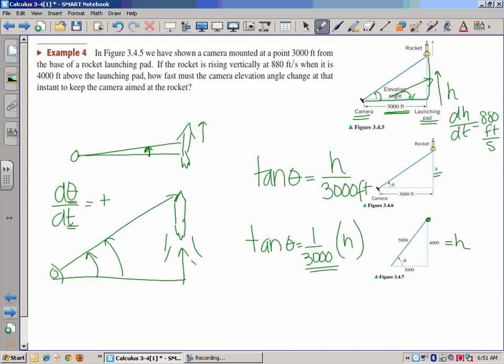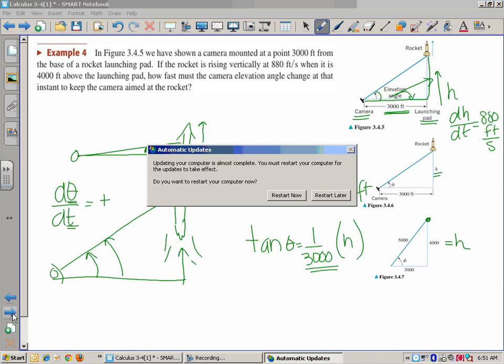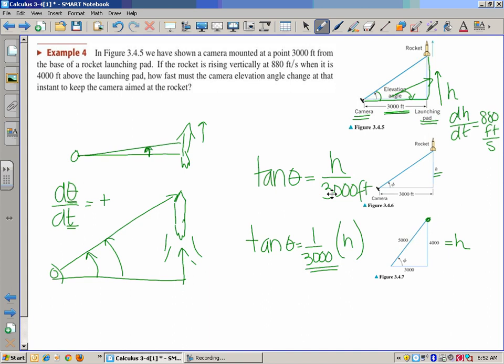Now the good news is, if I look down here, they've given us the sides. Look at that. So they've given us some information here. And so what I want to do is take the derivative of this thing and see what I get.